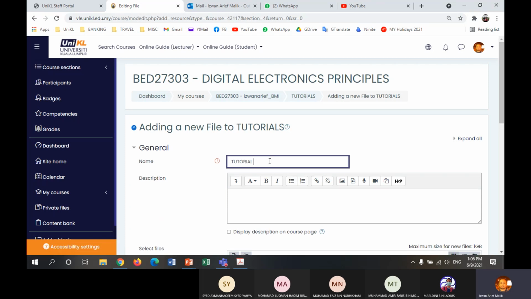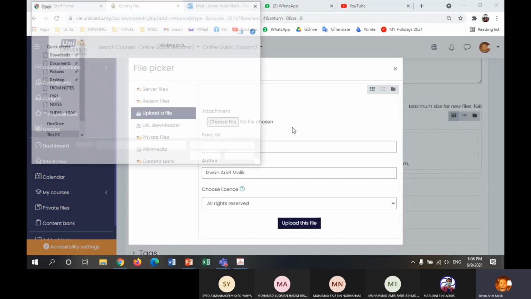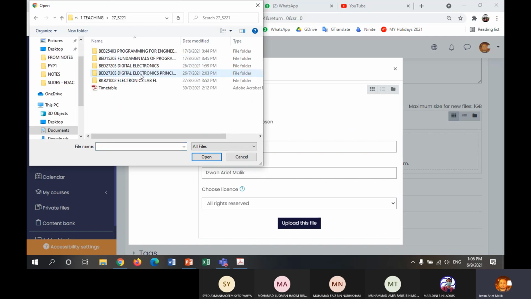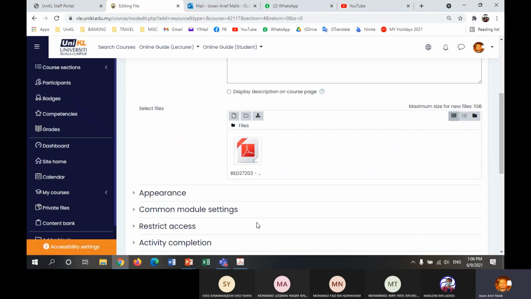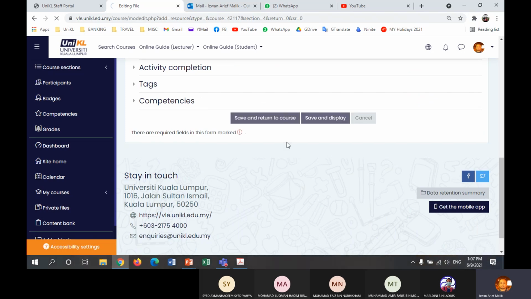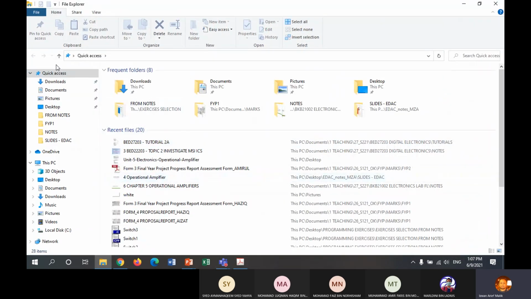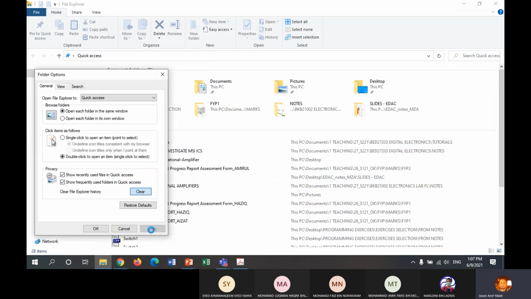Lepas saya sharekan dekat WhatsApp je, saya lupa nak masukkan dekat VLE. Tutorials 2A open. Okay, so saya dah upload dekat sini. Kita tengok sikit lah sebab I think you guys should know the solution lah. Solution tu sangat penting sebenarnya.